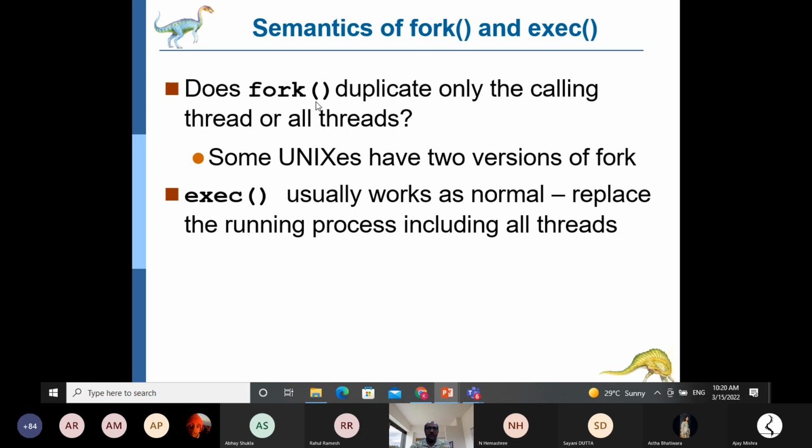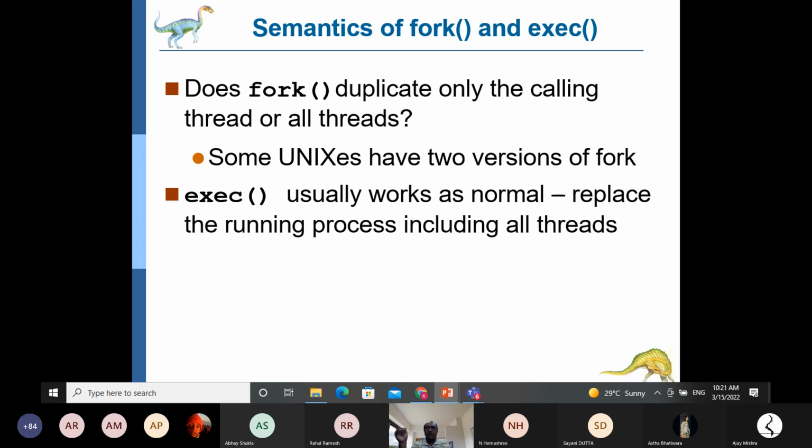There are two possibilities. As per the fork system call, you are creating a child that is an exact replica of the parent process. So, assuming there are four threads and one of them has executed the fork system call, there are two possibilities.